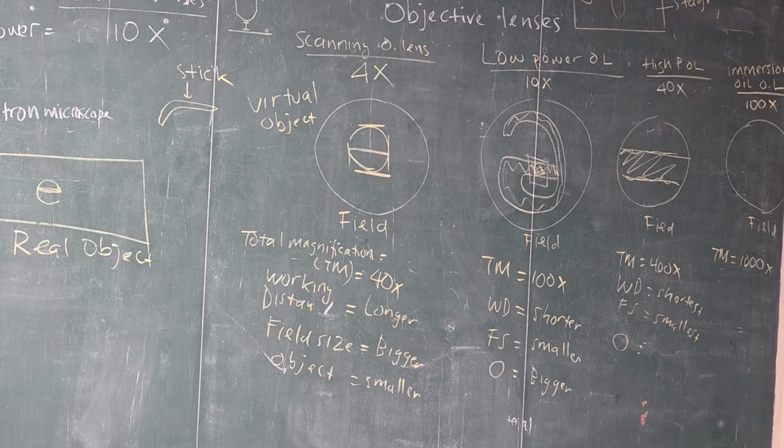Cover it and bring it to your table and see. Start with the scanning lens, and then low objective and high objective lens. Okay, go. One group, just make one to make it faster, and then bring it to your place.